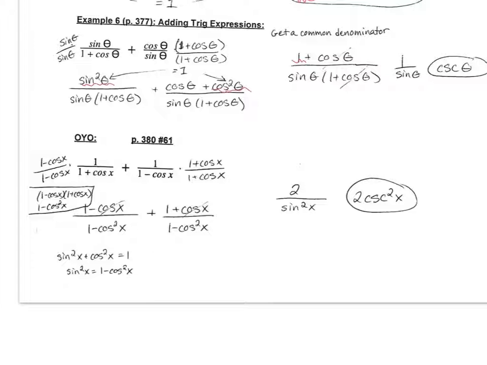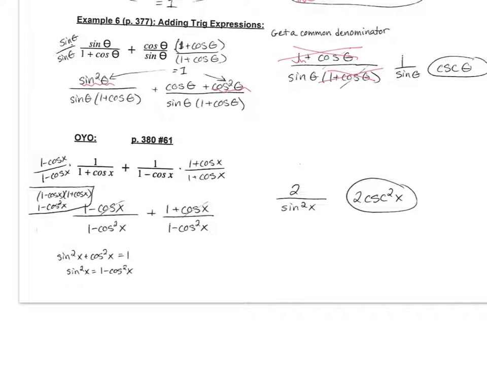So we just have 1 plus cosine of theta in the numerator over the denominator, which is the product of sine times 1 plus cosine theta. Well, notice that whole entire numerator is going to go away with that factor in the denominator. And so I just have 1 over sine, or cosecant. Yes, all of this nastiness just does become cosecant. Seems a little evil, but you can handle it.